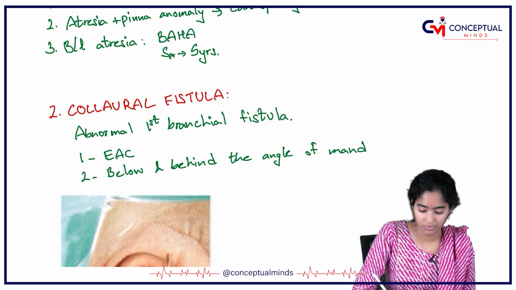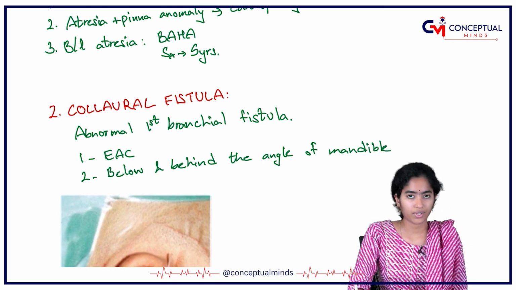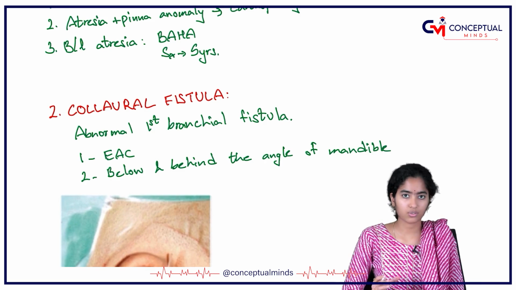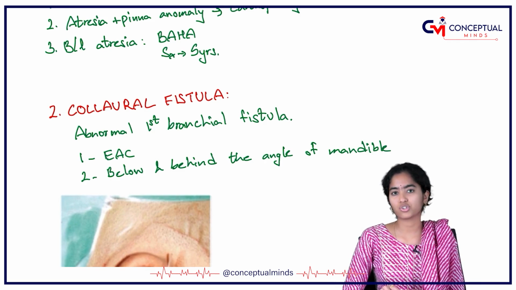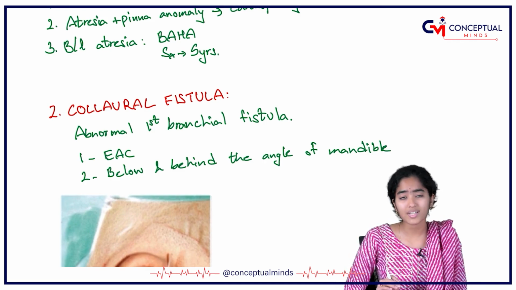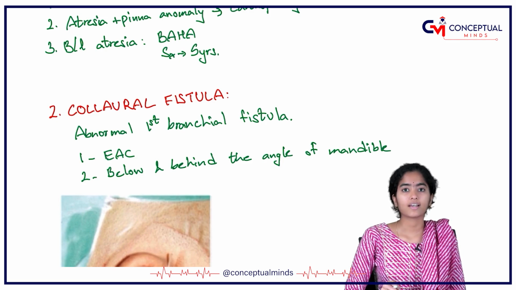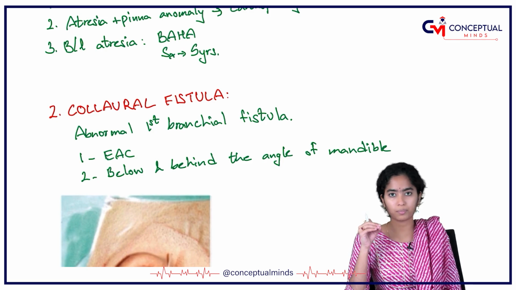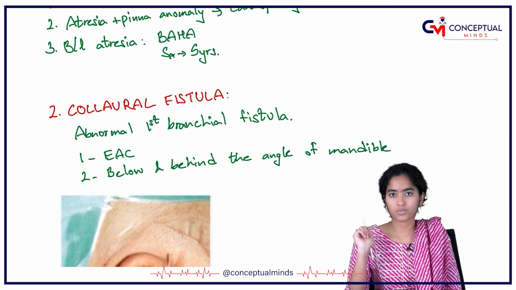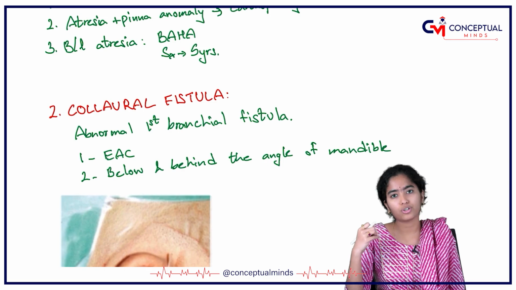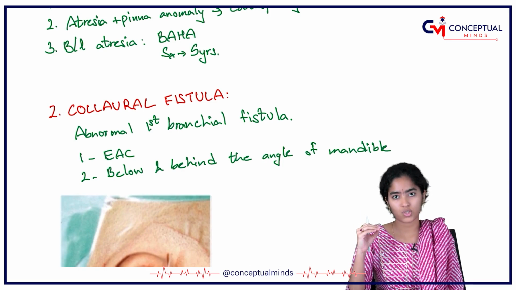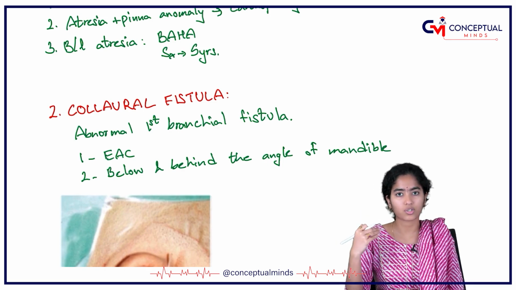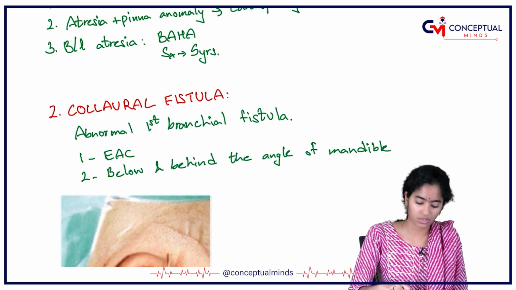So if a fistula is identified, we have to first trace its path, trace its track, and then surgically remove it. What's important is it is passing downwards near the region of the parotid gland, where facial nerve is also present. So during excision, facial nerve has to be kept in mind and should be done in such a way that the nerve is not disturbed or damaged.